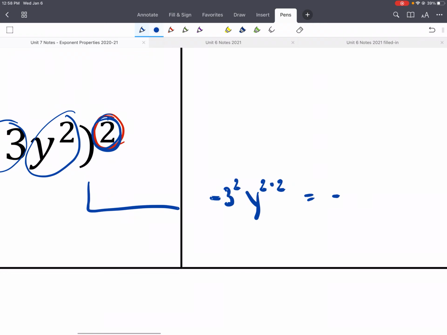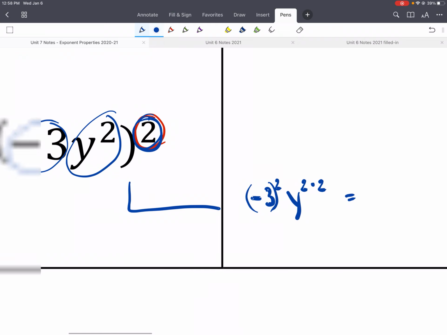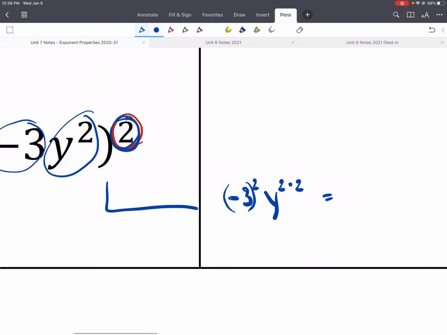So we end up getting negative 3 squared. Sorry, I should probably have a parenthesis on that, because that would be negative 3 times negative 3, which will give us a positive 9, and then we'd get y to the 4th.